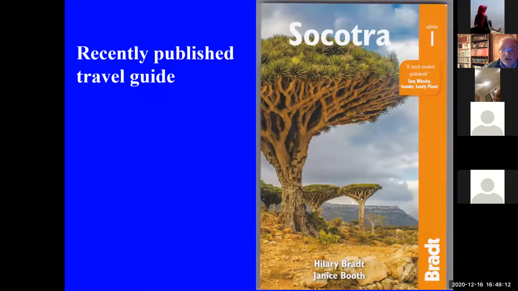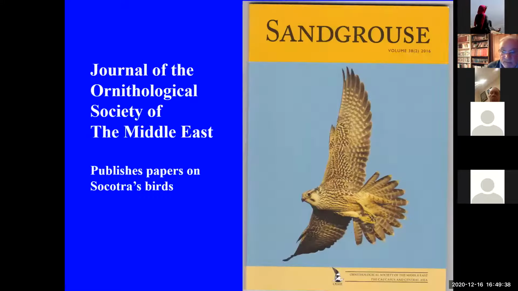Recently published, a brave publication in these troubled times, a travel guide to Socotra, published by Bradt Books, and let's hope that things will improve so that tourism can be on the ascendancy once more, because this does help to bring in vital income to the Socotran people.